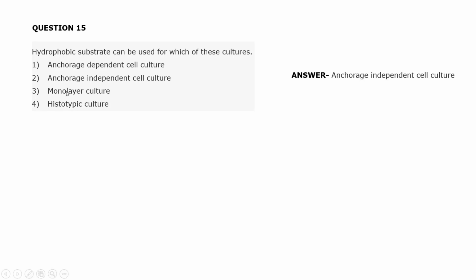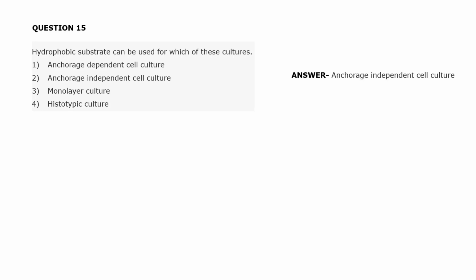Monolayer culture is similar. These are anchorage dependent cell cultures. However, it grows as a film; it doesn't divide at the top, it just grows as a single layer, and it depends on the extracellular matrix, which is hydrophilic in nature. Histotypic culture consists of a kind of multi-layer culture. It is also anchorage dependent in nature, like 3D spheroids.